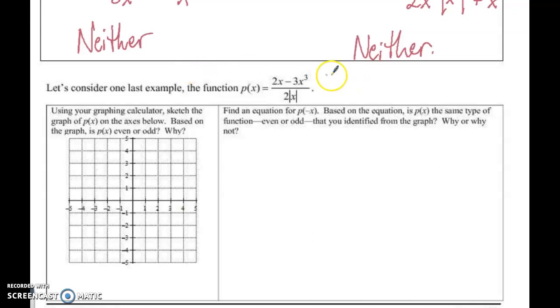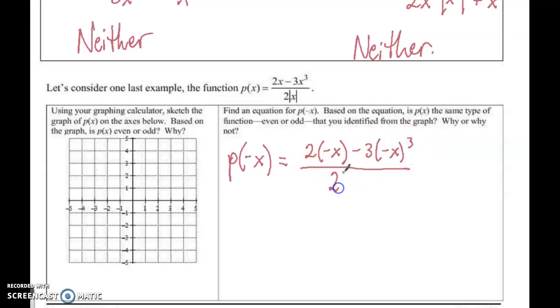So here's another example where students get in the habit of looking at that and saying, oh, odd exponents, oh, it must be something. So what you want to do is just double check what the math is. So that's plugging in negative x for all those x's. So this is equal to negative 2x plus 3x cubed all over 2, and the absolute value of a negative is just the positive.